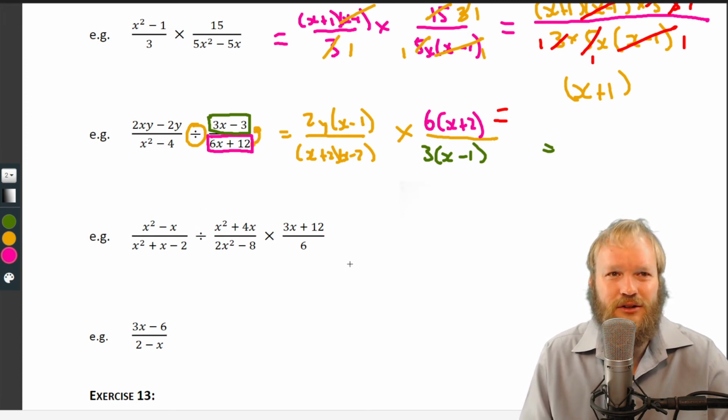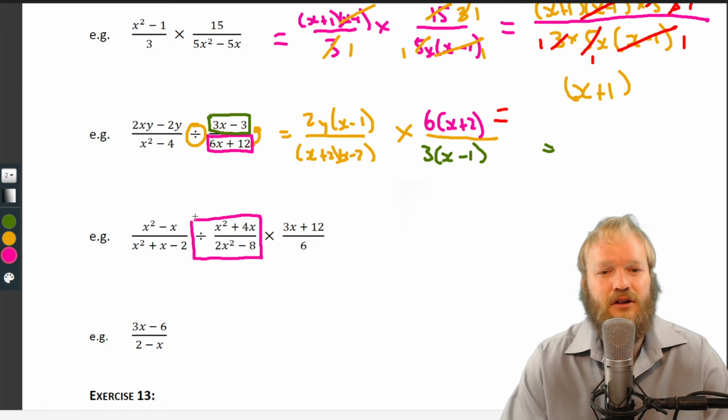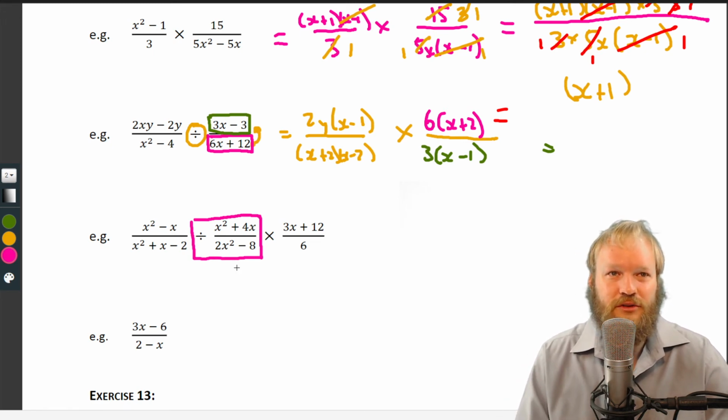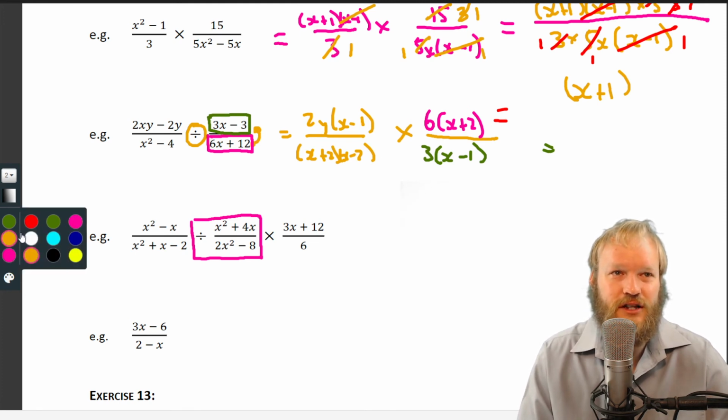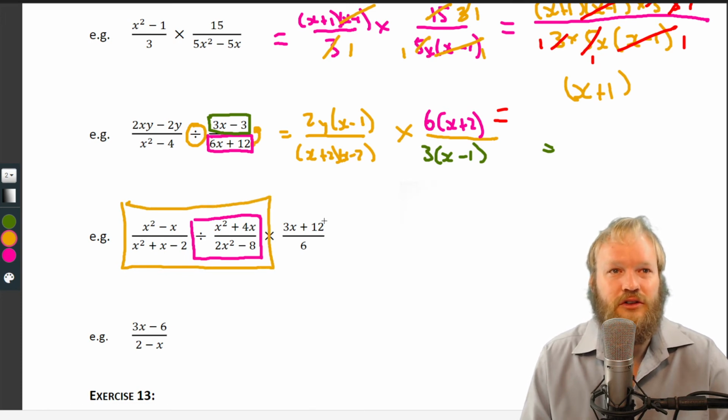Now remember, this divide here, we're dividing by that fraction. Because we've got division and multiplication, we just go left to right. So the first thing we do is this division. So let me just show the tip and times to make it clear.